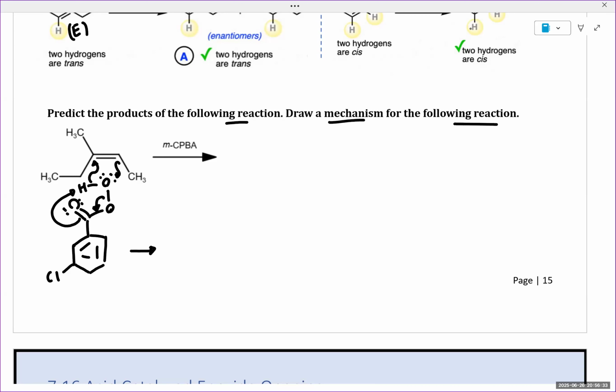Net, we end up with just the metachlorobenzoic acid, as well as, most importantly, the epoxide product. And in this case, the epoxide oxygen atom is installed in a syn manner. Both of the carbon-oxygen bonds are on the same face.